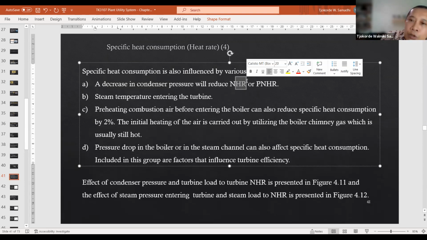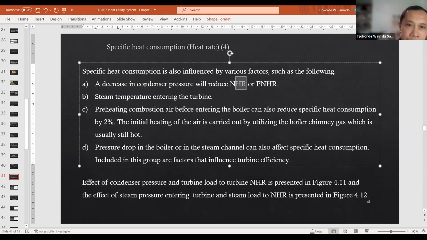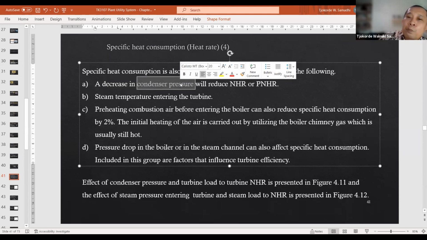However, do keep in mind that if you reduce the condenser pressure, then your boiler feed water pump will have to work harder, because you need a higher pumping ratio from condenser to boiler pressure. So remember our lesson last week, yeah? Higher boiler pressure will increase thermodynamic efficiency, right?